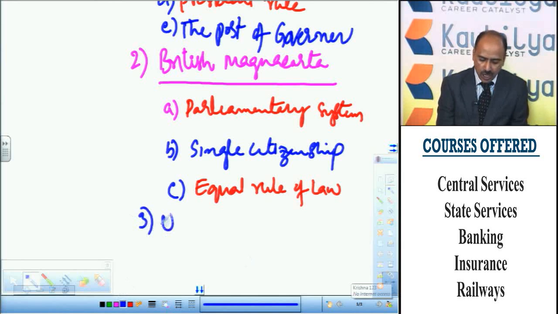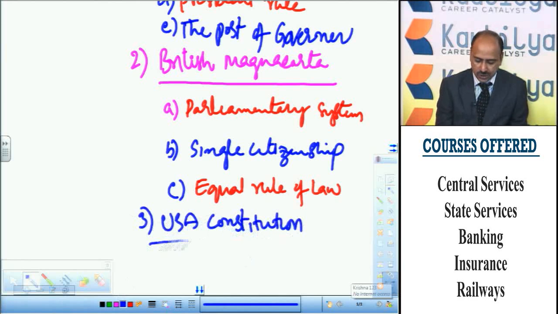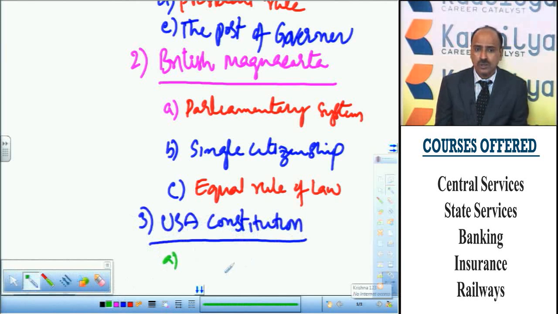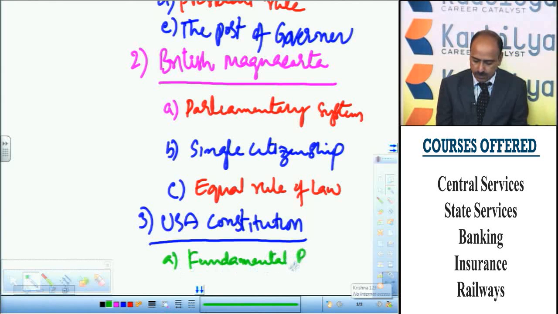Next, the American Constitution is also one of the main important sources of our Constitution. The most important concept borrowed from America is fundamental rights. In America these rights are called the Bill of Rights.